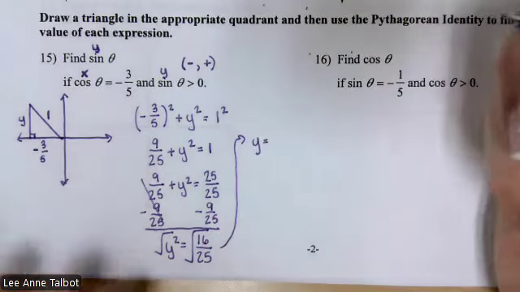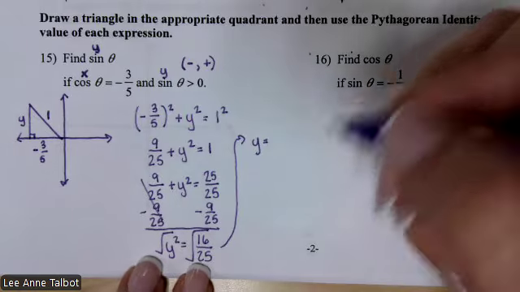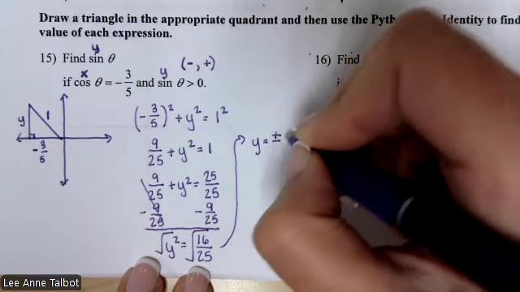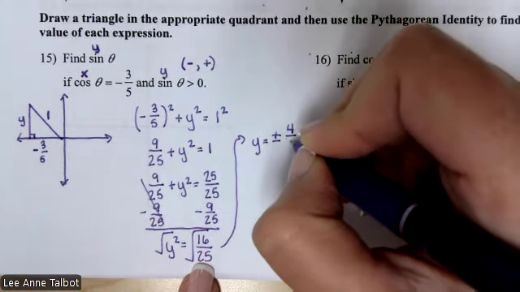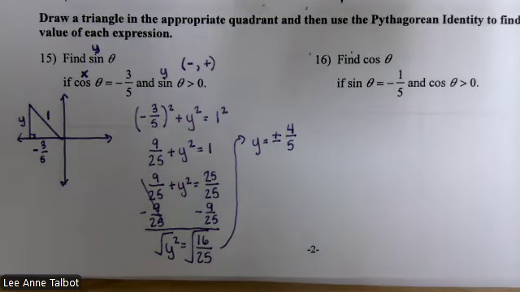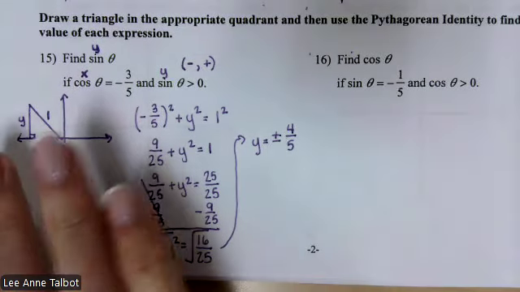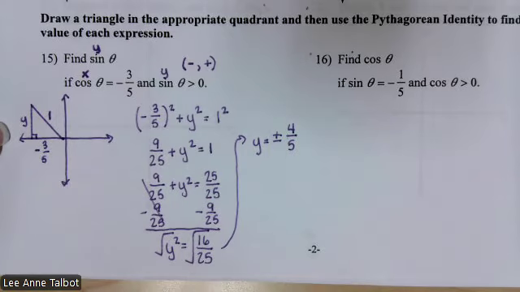So y equals, okay. This is really important to me. When you square root both sides, there should be a plus or minus. And then the square root of 16 is 4, and the square root of 25 is 5. However, then you have to decide, is my answer the positive one or the negative one for this quadrant?